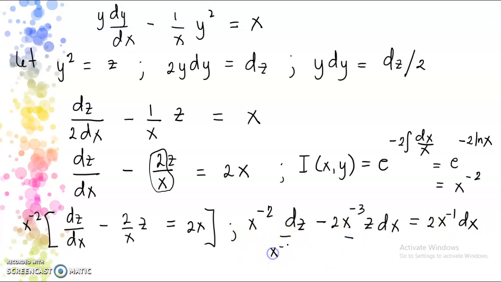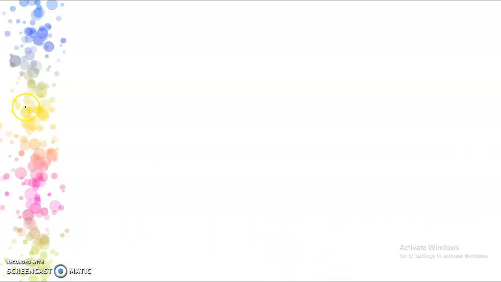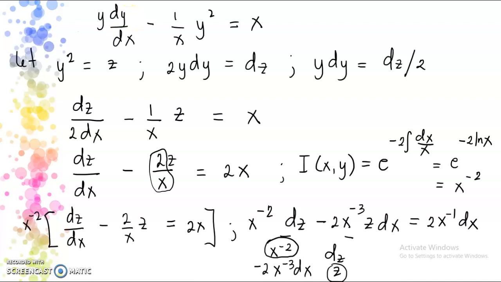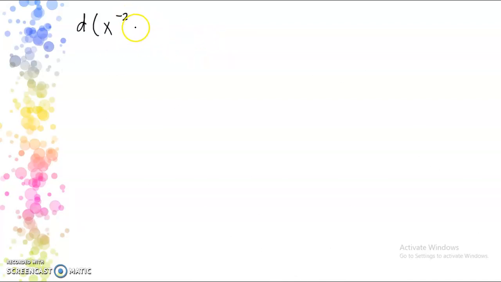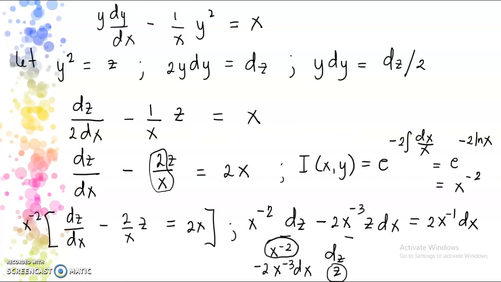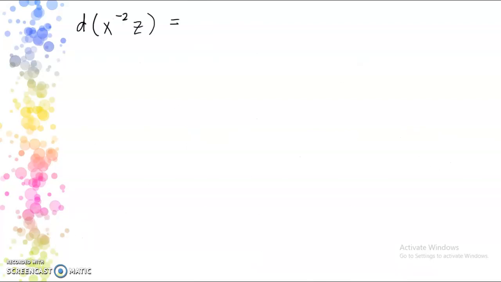We can combine these two. We have x negative 2 dz, and the derivative of x negative 2 is negative 2x negative 3 dx, with z. So we combine these two as the derivative of x negative 2 times z, which equals 2 dx over x.